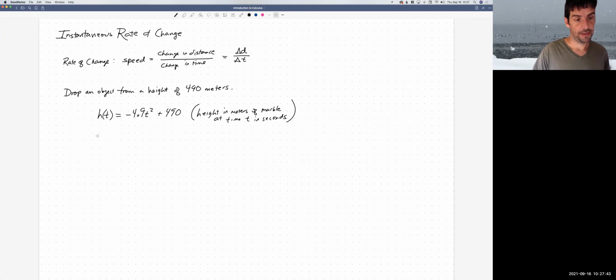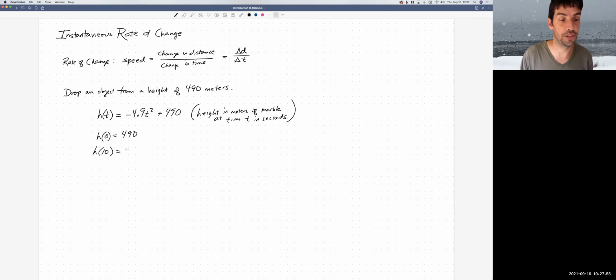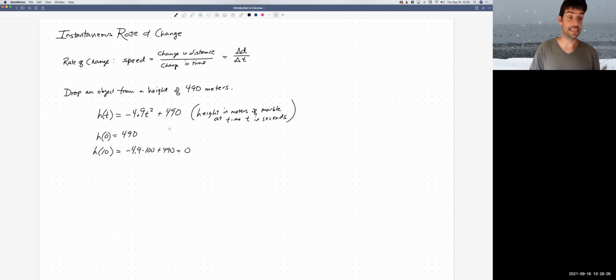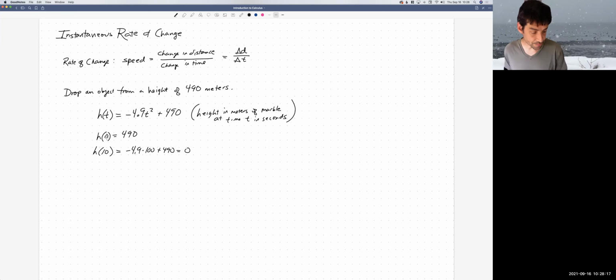For instance, h of 0 is equal to 490. h of 10 is easy enough to compute: negative 4.9 times 10 squared, or times 100, plus 490 is equal to 0, right? So this is indicating to us that at the beginning, the object is at 490 meters, and after 10 seconds, it hits the ground. h of 10 is 0, so now it's on the ground.